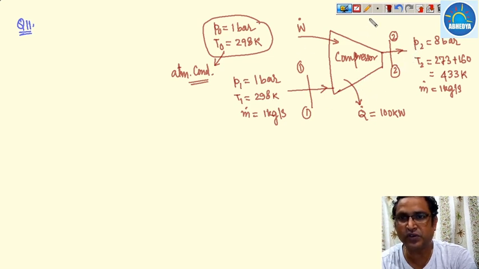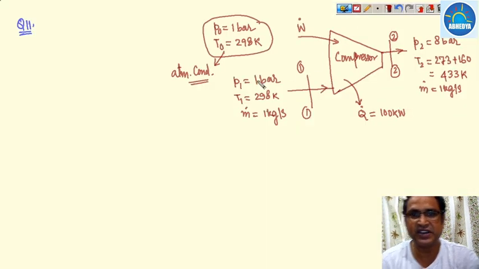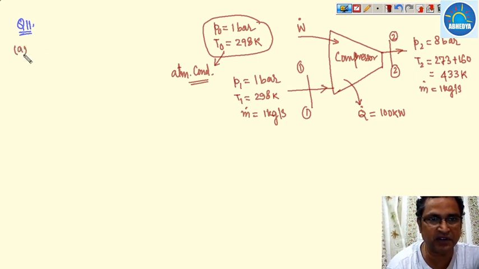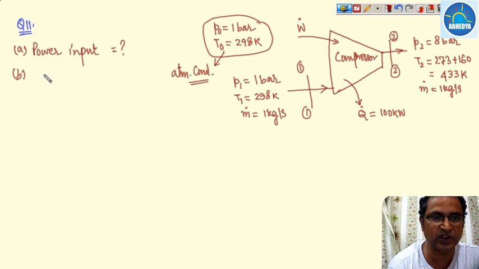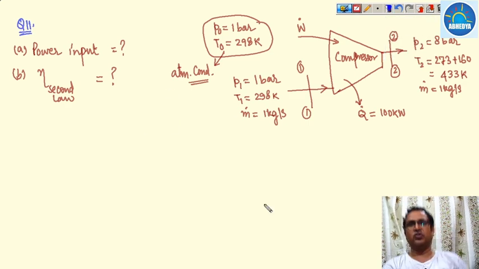So now what do we have to calculate? First is to determine the power input, and second is the second law efficiency. So the first part is to calculate power input, and the second part is to calculate the second law efficiency.